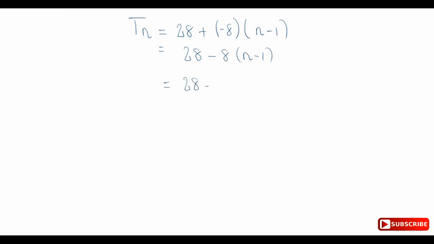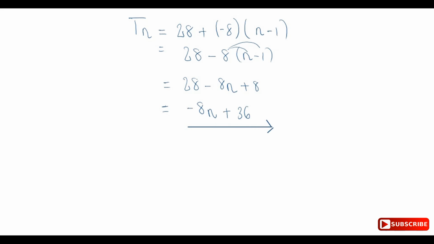So it's 28 minus 8n, minus 8n plus 8. And then we're just going to add your like terms. Positive 28 plus 8 is equal to 36. So the formula for the nth term for our sequence of first differences is minus 8n plus 36.